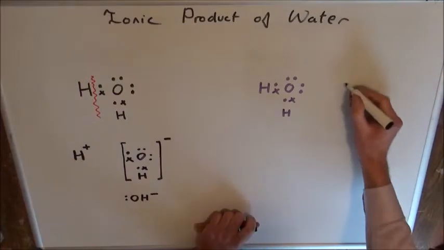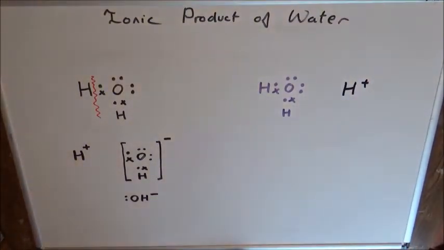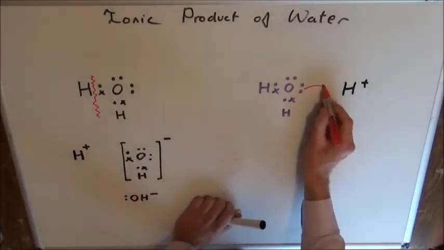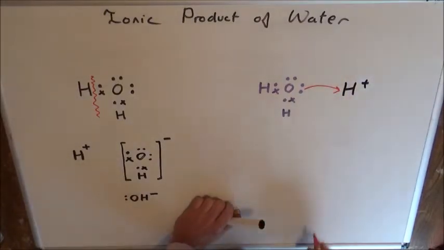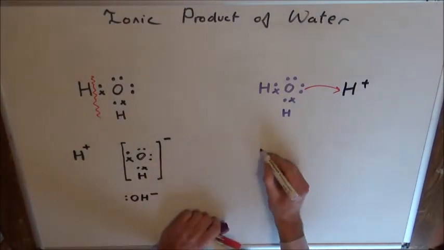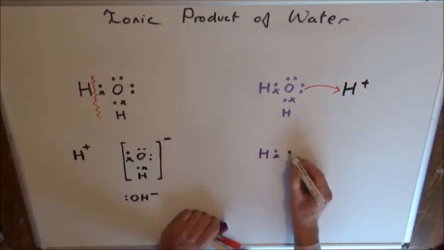So if I put the proton over here next to a second water molecule, I can use a curly arrow to show how a pair of electrons on here go to the hydrogen ion to form a new covalent bond. And it's called a dative bond because both of the electrons came from one of the atoms, the oxygen.